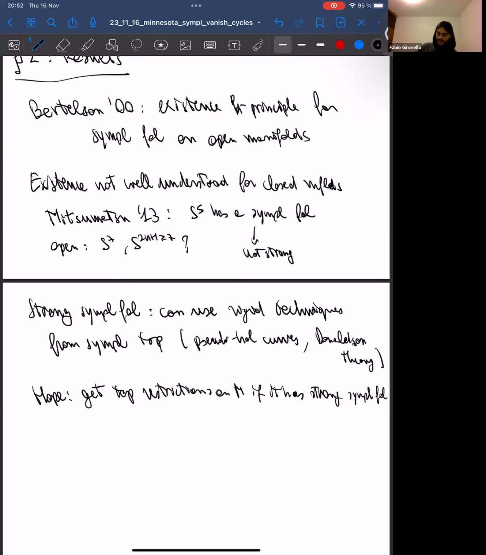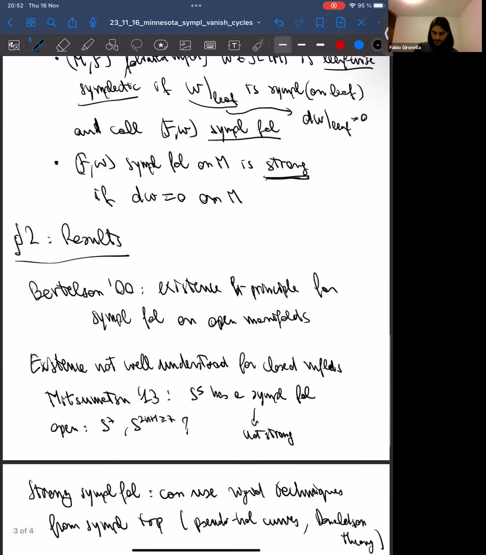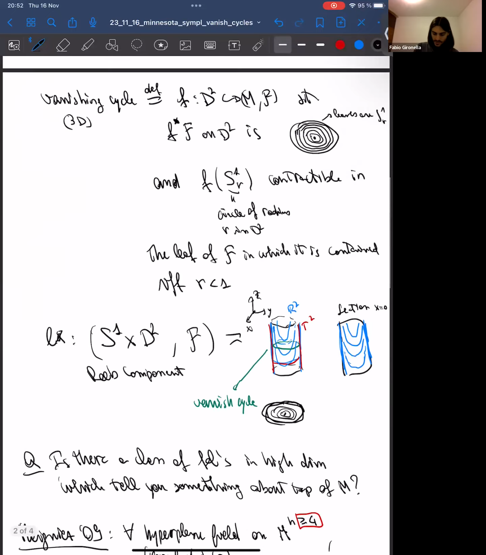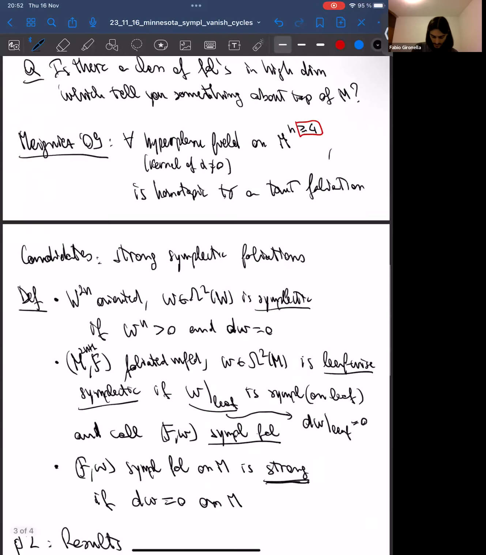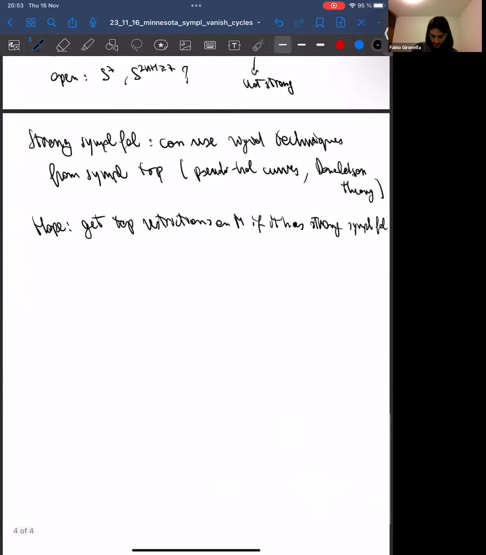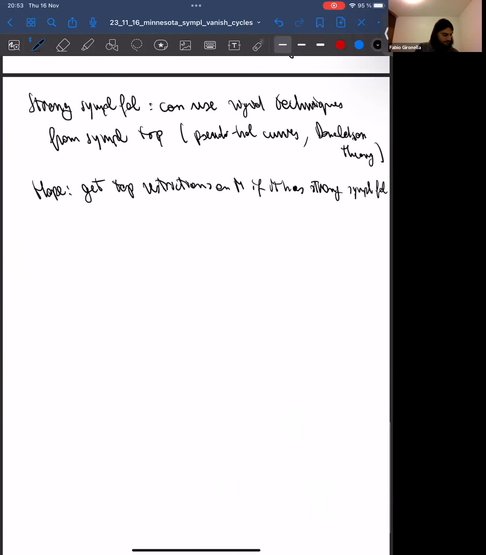So that actually this class plays the role of the taut foliations in dimension 3 that I was talking about before, this Novikov statement. And yeah, so this is the hope.